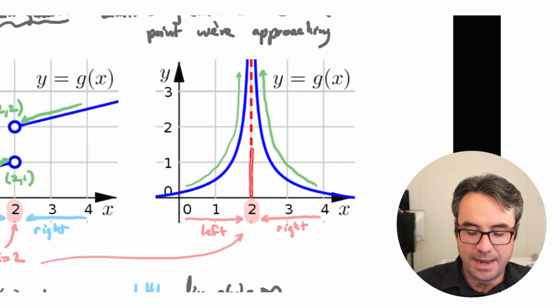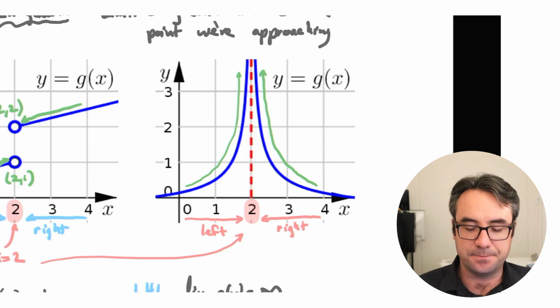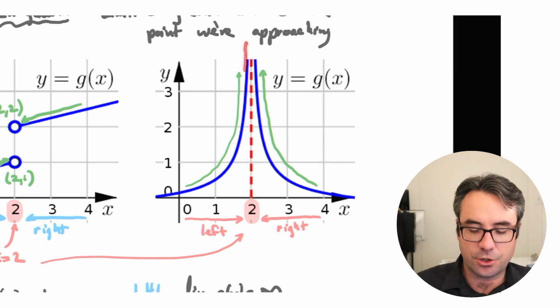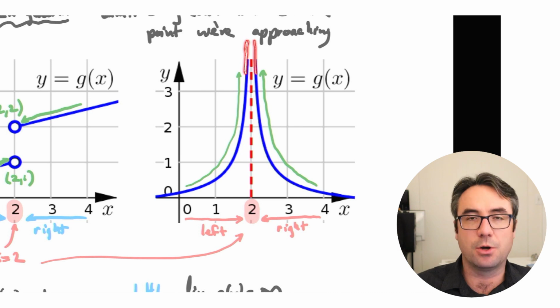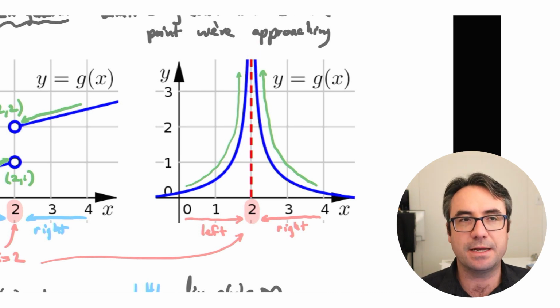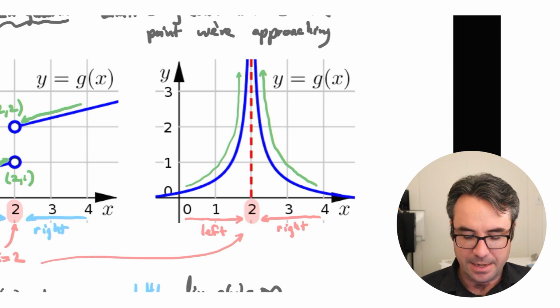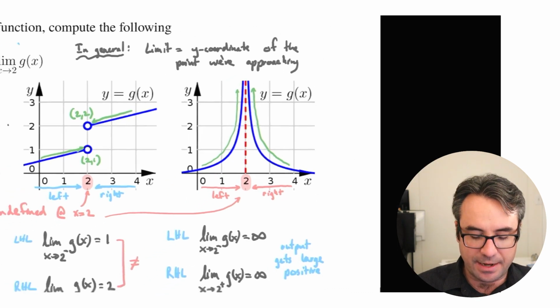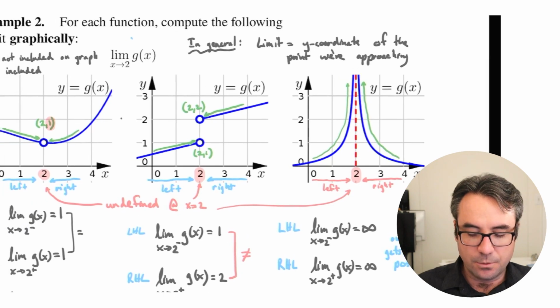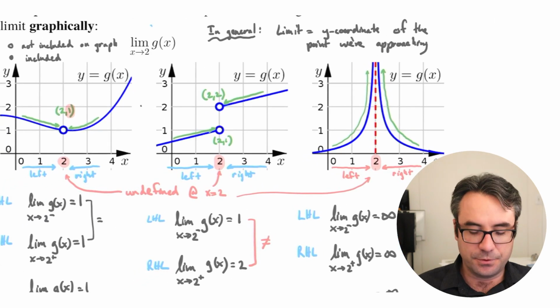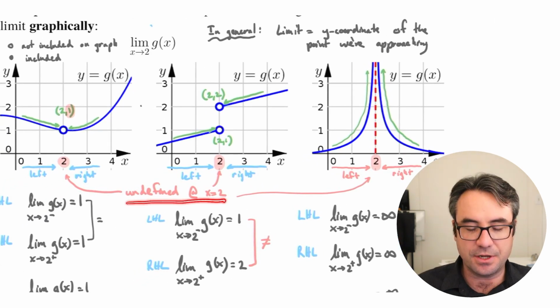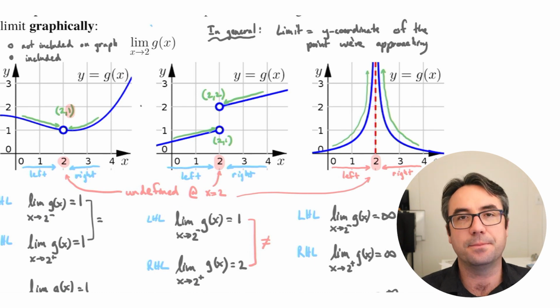If we look up and down, there's no filled in point on the graph that we see. The curve just keeps blowing up, getting closer and closer, but it never actually reaches that dotted line. And so for each of these graphs, we have 3 examples where each of these functions is undefined at x equals 2.